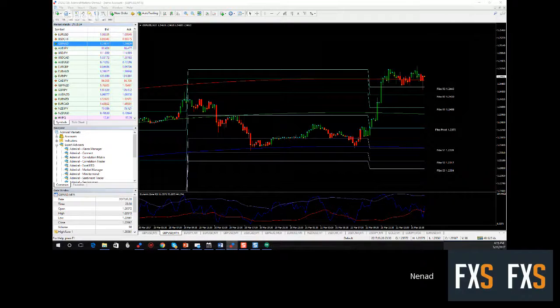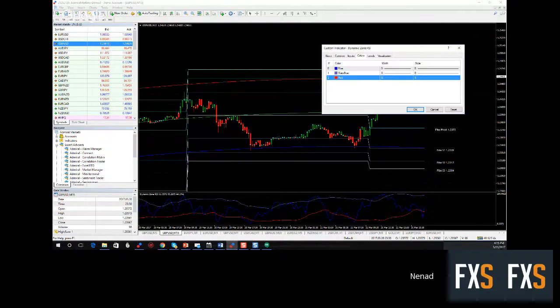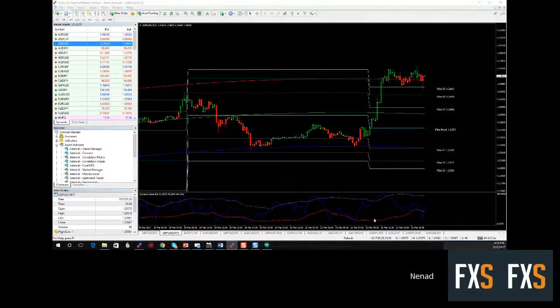And finally, the dynamic zone RSI indicator. These are the colors. Blue color is for support, red color is for resistance. And of course, guys, you can always change it. I tend to leave this by default. RSI period is 5, band period is 30. Have in mind that these are Bollinger Band periods, guys.